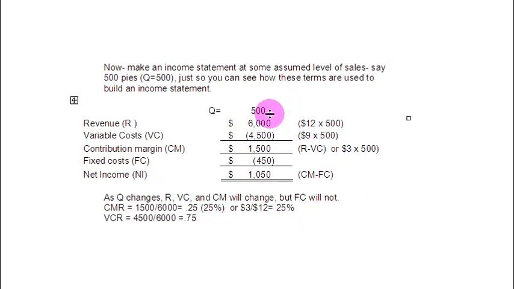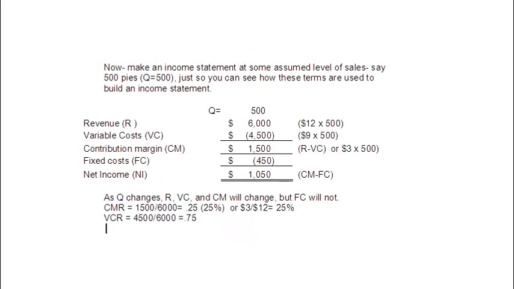Contribution margin ratio, working from the total income statement, is simply contribution margin of $1,500 divided by sales revenue of $6,000. Or I could do it on a per unit basis. So without any knowledge of Q, I could always take $3 and divide it by $12. You'll get the same answer. Variable cost ratio would either be variable cost divided by revenue or 1 minus the contribution margin ratio.